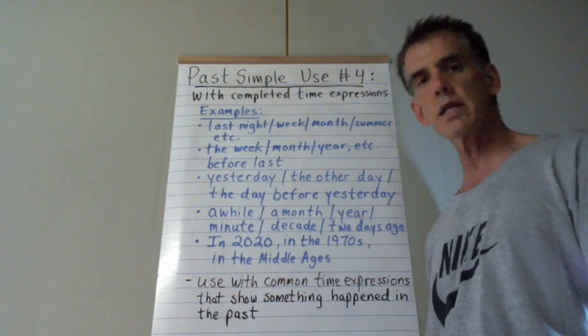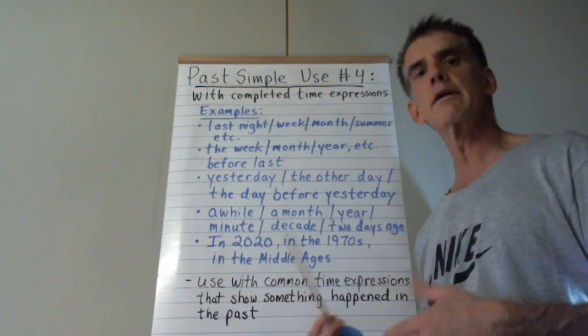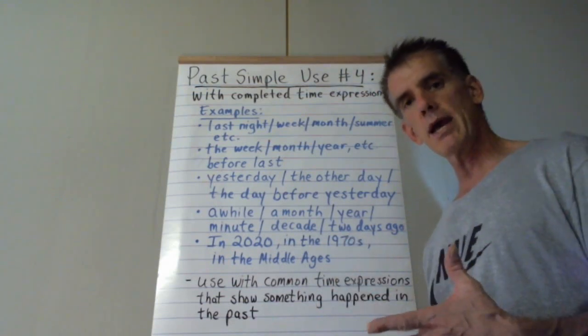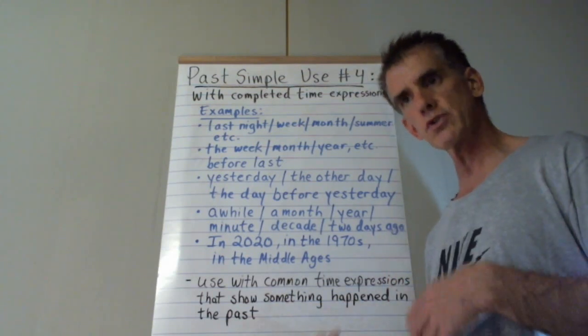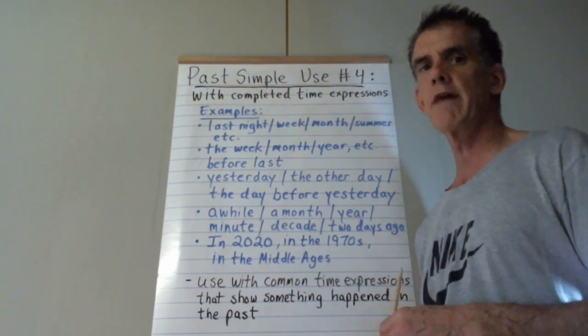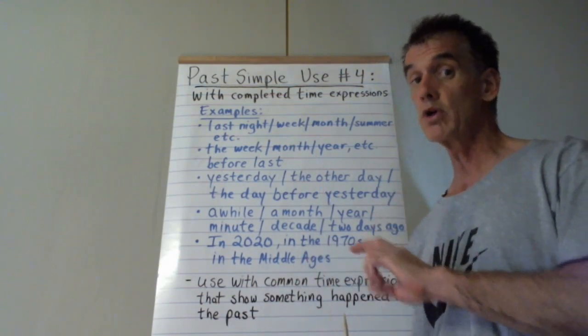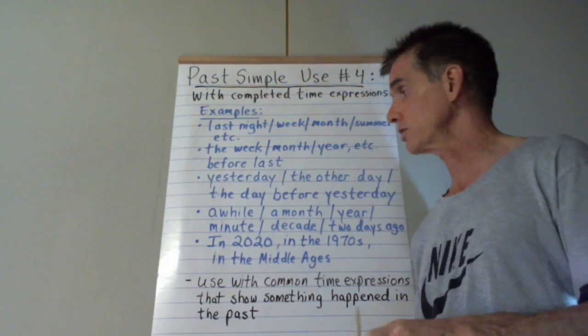In the Middle Ages, in ancient Greek times, in Egyptian times, something like that. So when did something happen? It happened in the past, and you're referring to a certain age, a certain time period. So time expressions: past simple, use number 4, with completed actions.